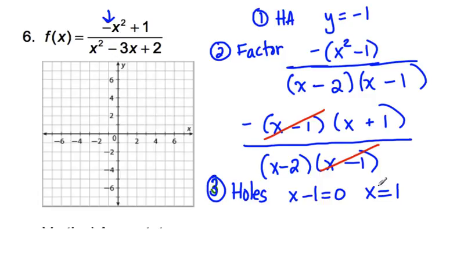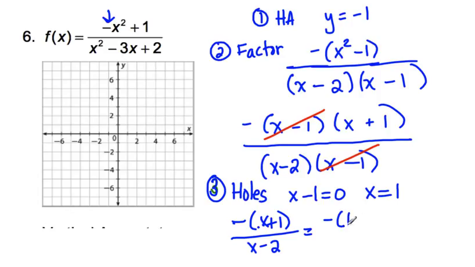But how do I find the y coordinate? Do you see how this canceled out? So I have negative, then x plus 1 on the top, and x minus 2 on the bottom. Agreed? Then how do I find the hole?